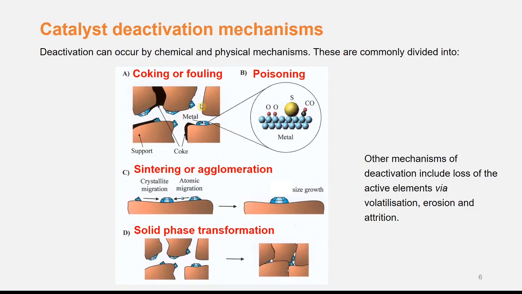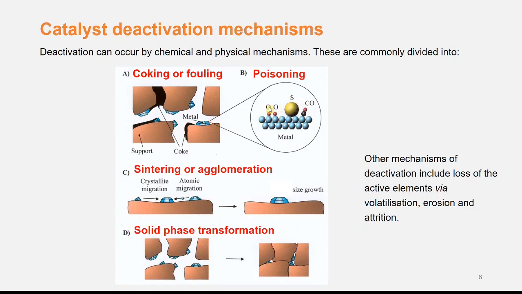A chemical form of deactivation is poisoning. Here, the active sites on the catalyst crystals can also bond with inert or unwanted chemical species. Here, we can see an enlarged view of the surface of the metal crystal.